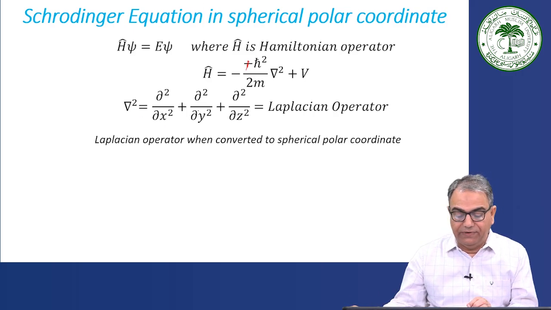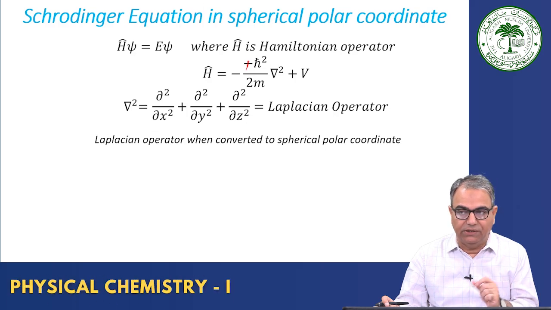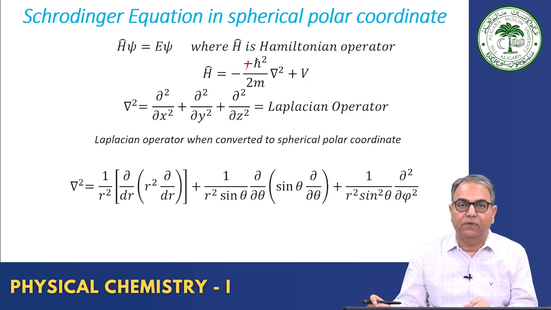When this Laplacian operator is converted to spherical polar coordinates using those three equations, z equal to r cos theta, and the equations for x and y, what you get is this one.